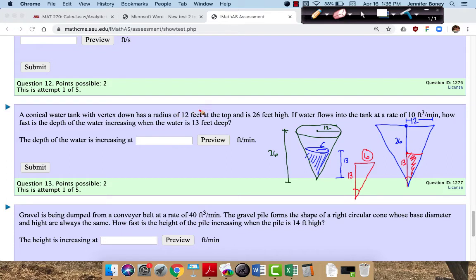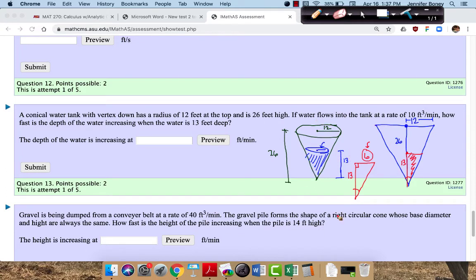So just keep in mind, in terms of how fast the depth of the water is increasing when the water is 13 feet deep, we also know the volume of the water then, because the water has a radius at the top of 6 feet.